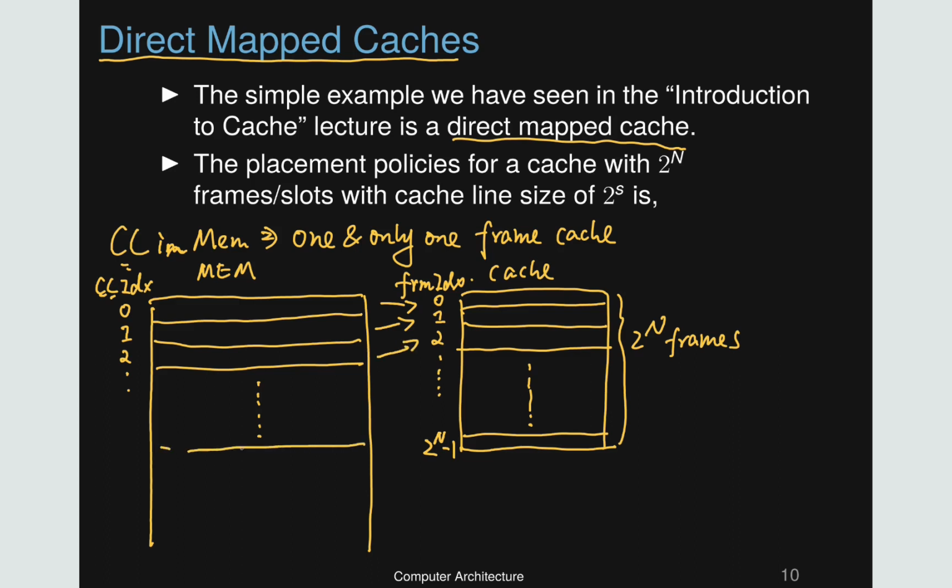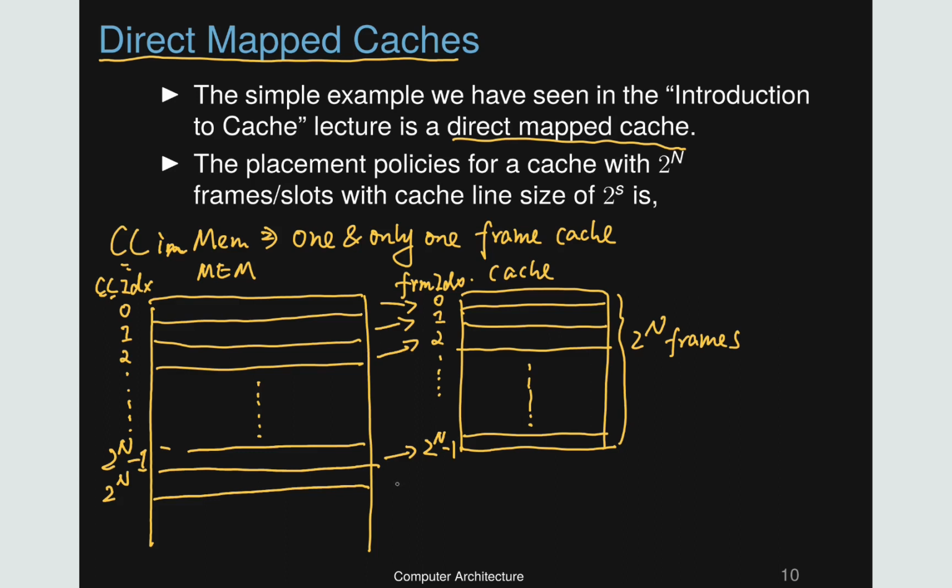So it goes all the way down. The cache line with index 2 to the n minus 1 is going to be mapped to the last frame in the cache.